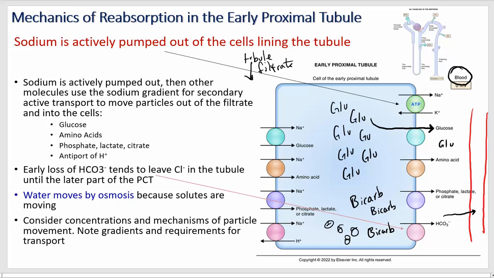Okay, so water moves by osmosis because solutes are moving. If we remember, we had built up a lot of proteins in here during filtration. Remember, through the glomerulus, we were letting a lot of fluid move through, and we were letting a lot of ions move through, but we were holding those proteins back, and because we were losing all that water, the protein concentration got pretty high in here, which is going to be oncotic pressure in these capillaries.